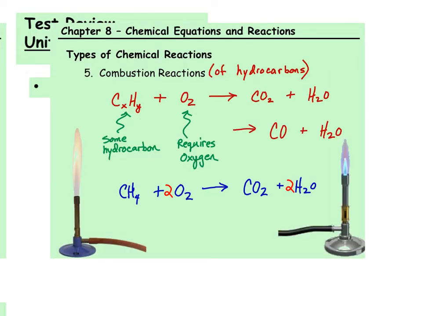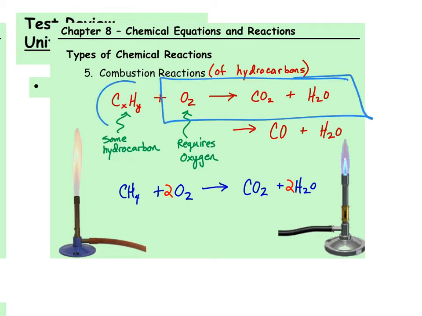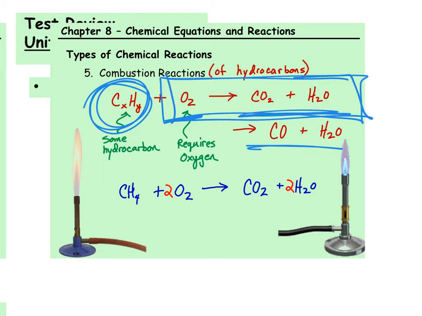Combustion reactions all have this similarity right here. It might be something different that's being combusted, but we always have O2 and 2 products, CO2 and H2O. Now, there is a certain case where if the supply of oxygen is limited, we may also make carbon monoxide. But as far as identifying chemical reactions, if it's combustion, it will show this much of the equation, and what is in the front could vary.